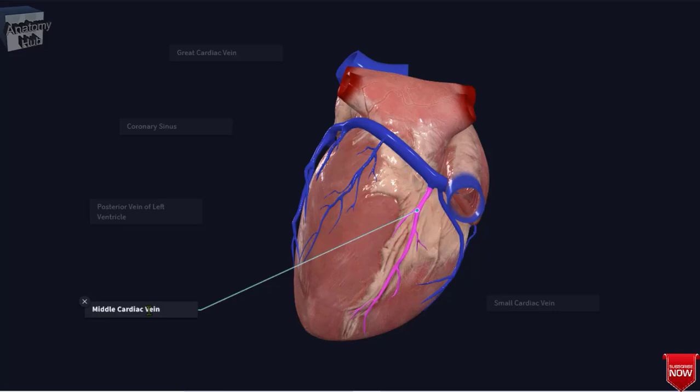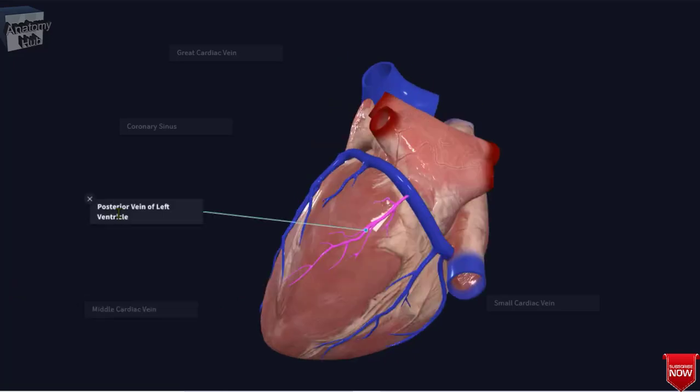The final two cardiac veins: the left marginal vein that we will find here on the left posterior side is the left marginal vein. In the center, the left posterior ventricular vein that you can see here runs along the posterior interventricular sulcus to join the coronary sinus.